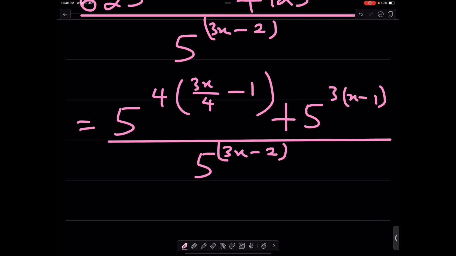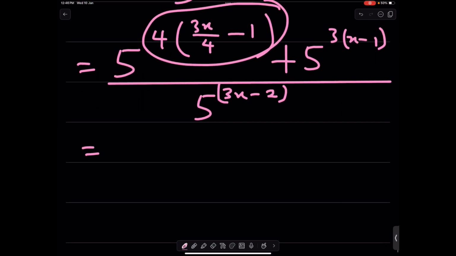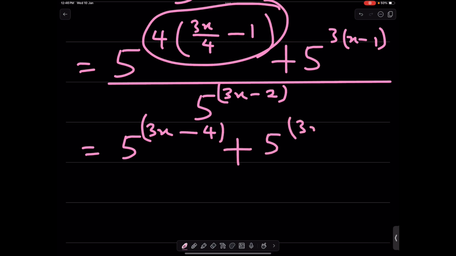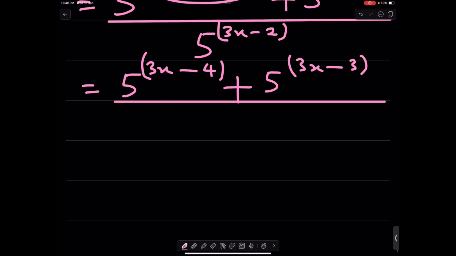And that's equal to, if you open the brackets here, 4 times 3x over 4 will be 3x, that's 5 raised to power 3x minus 4 times 1, that's 4, 5 raised to power 3x minus 4 plus 5 raised to power 3x minus 3, all over 5 raised to power 3x minus 2.